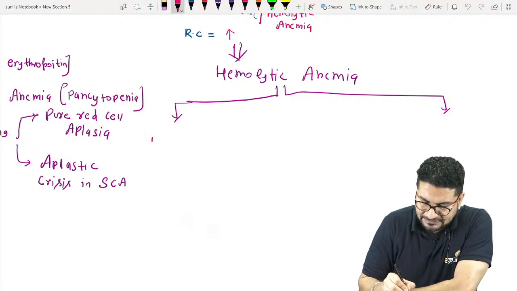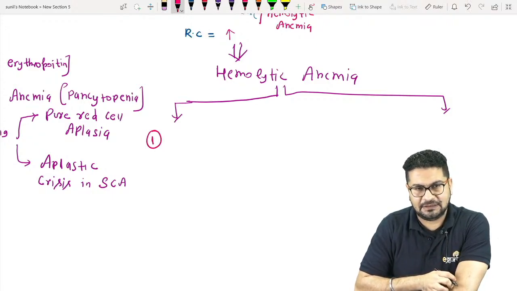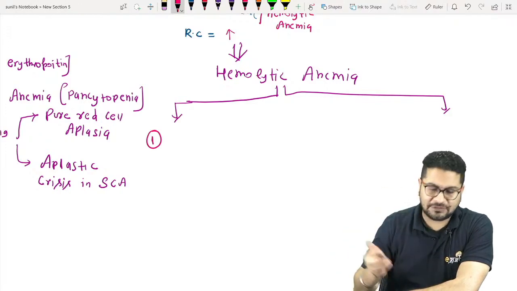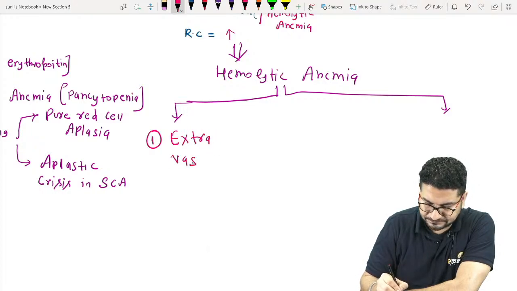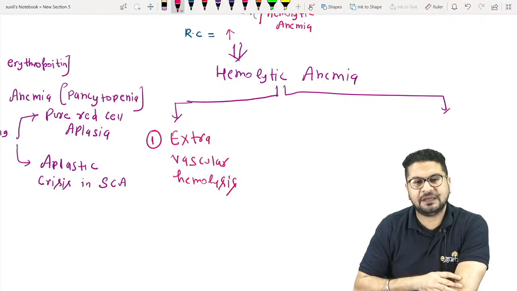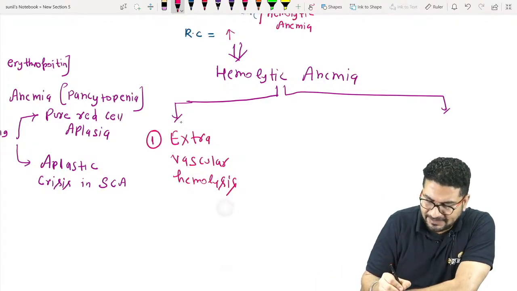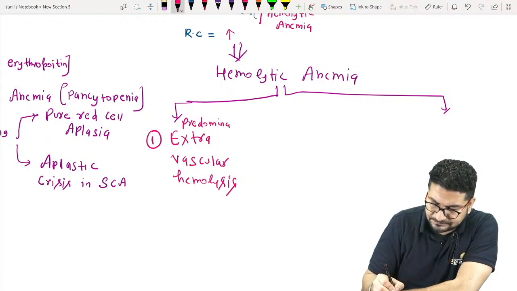The first place where RBCs are dying is in the extravascular space. We call this extravascular hemolysis. So mainly they are dying outside the vessels. I am adding the word predominantly, so we call this predominantly extravascular hemolysis.